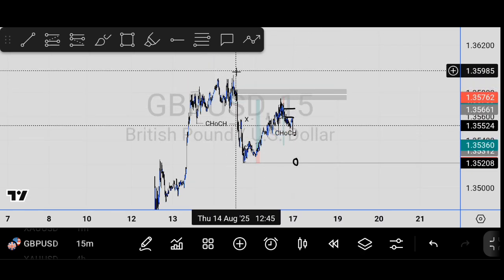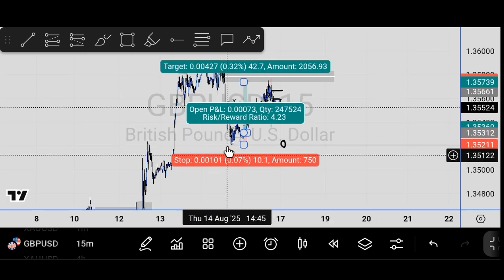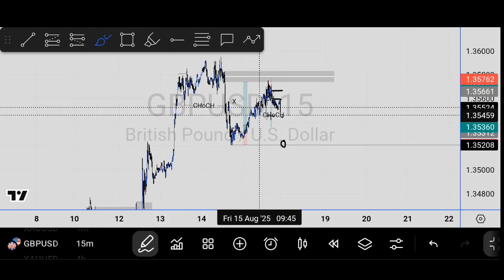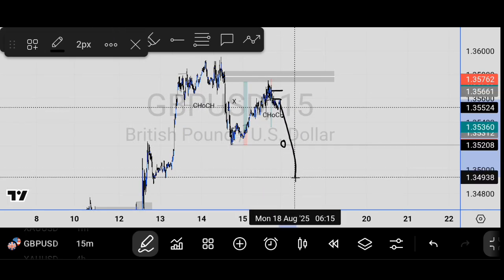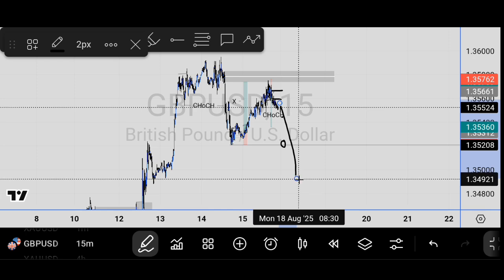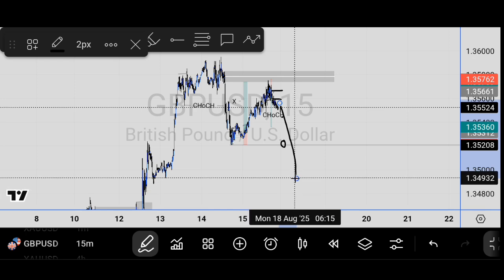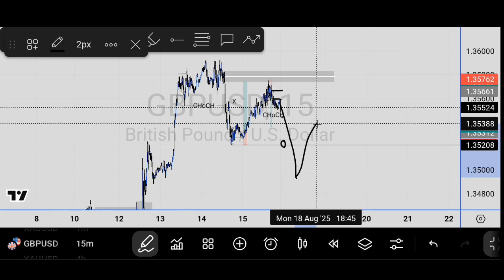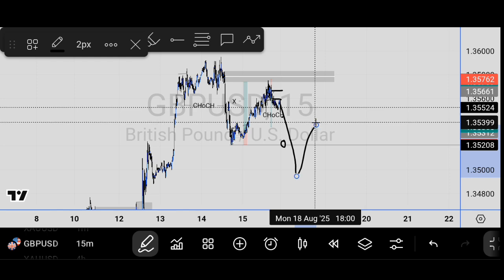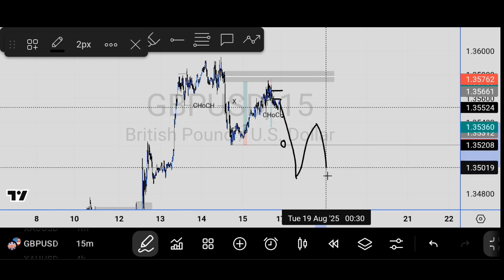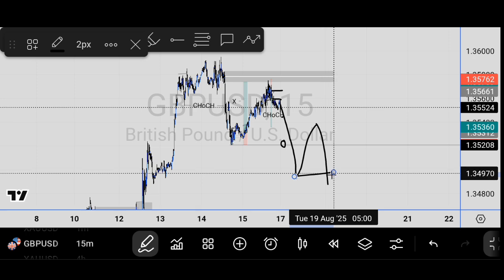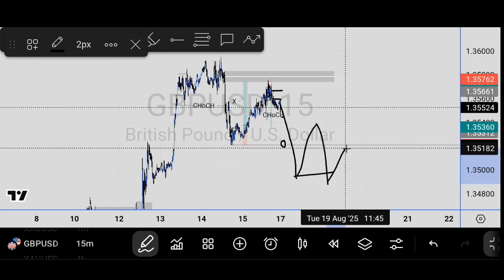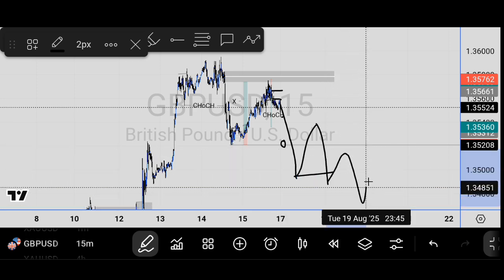take out this high. But based on our structures, if price comes down and breaks this low, now we have two things. Price can just retest our order flow, and then we look for our confirmation to go short, target this low again. The same thing, if price comes back, we target the low again.